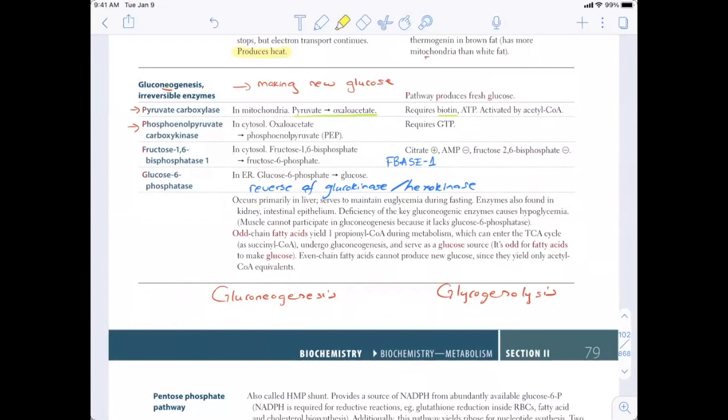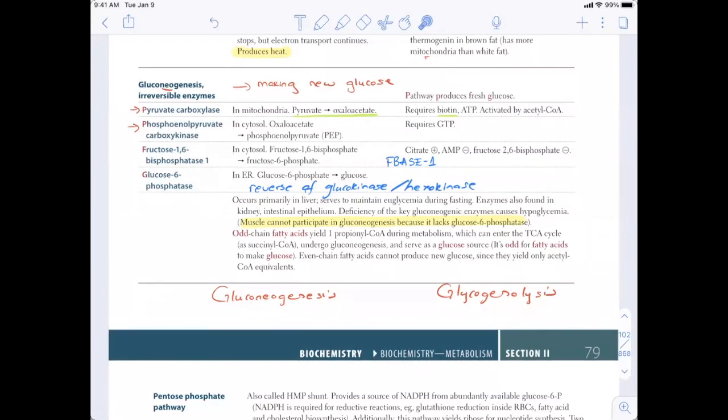Key points: these are the buzzwords you're going to see in questions. Your muscles cannot make new glucose. So if my muscles need glucose, what are they going to do? They're going to go to glycogenolysis, because they can't come here. The muscles have to go here.